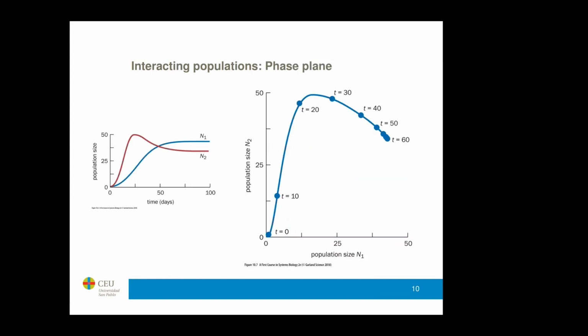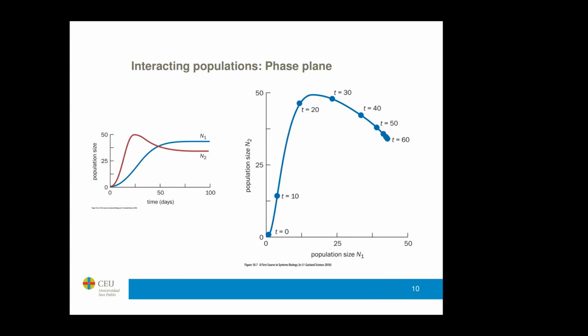Okay, you can take this plot, which is plotting population size over time, but you can have this phase space. In the phase space, what you have is one of the variables against the other variable. So you have N1 and N2, and then you plot here how it evolves over time. At time equals 0, you have 1, 1. So you're there.